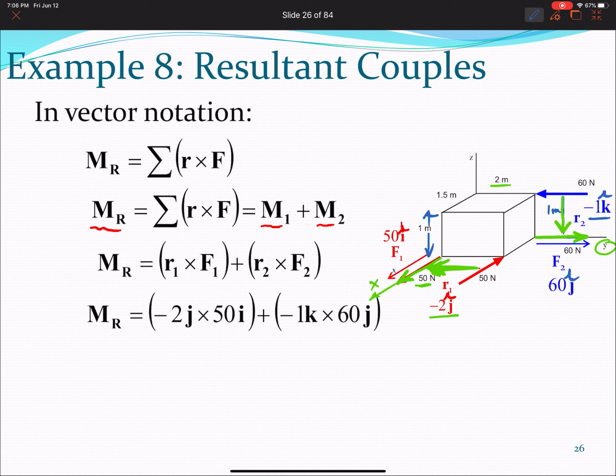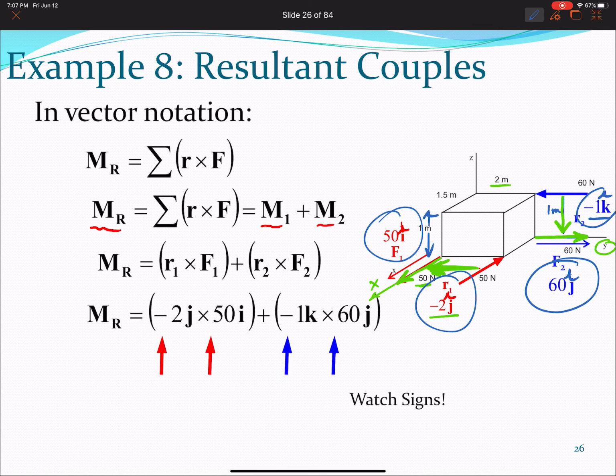So this is the operation: minus 2 j hat cross 50 i hat, so it's these two, plus minus 1 k hat cross 60 j hat, and that is equal to the resultant moment. Watch for the signs. Remember to keep the signs.